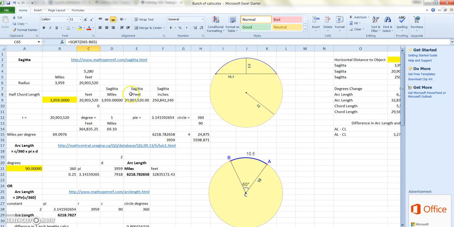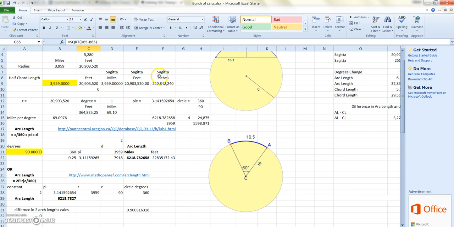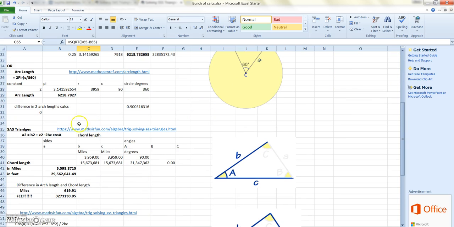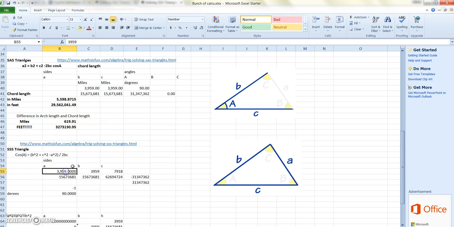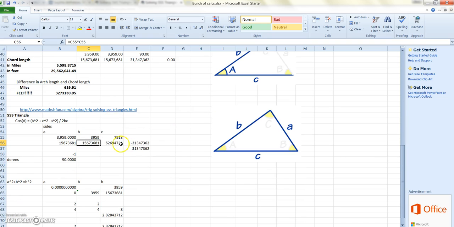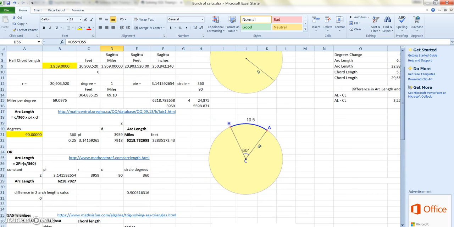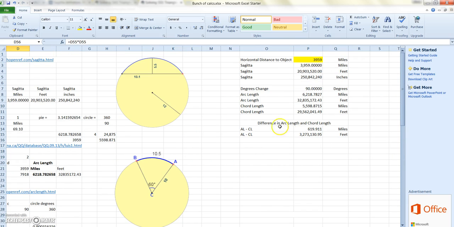So I'm not going to really explain all this information other than showing you. You can see what I've done. You can see I have formulas in here to calculate all this stuff. They aren't just numbers. There's a lot of formulas that I've done. But the main formula over here I want to talk about is I've taken all of this over here and put a nice easy thing for you to see.